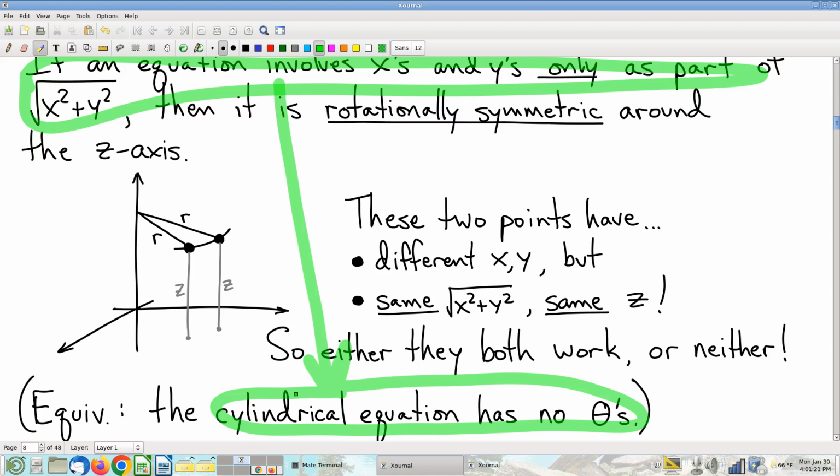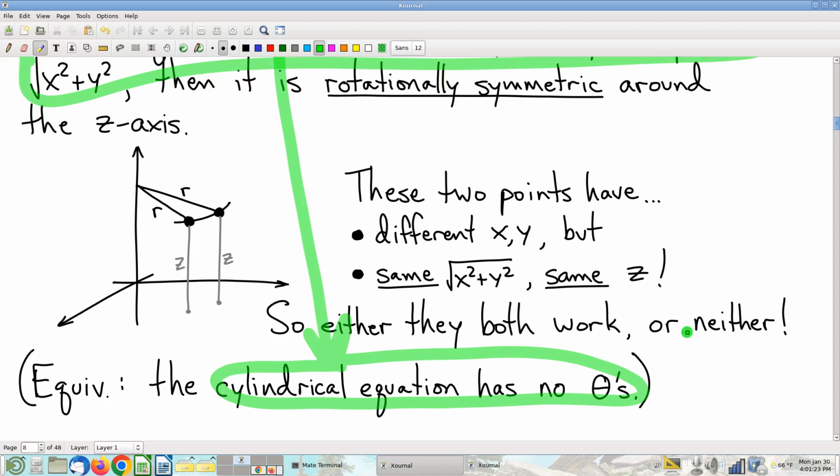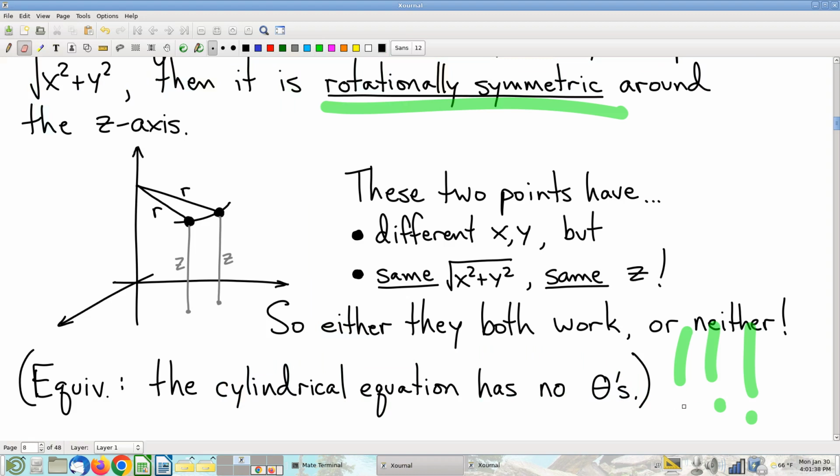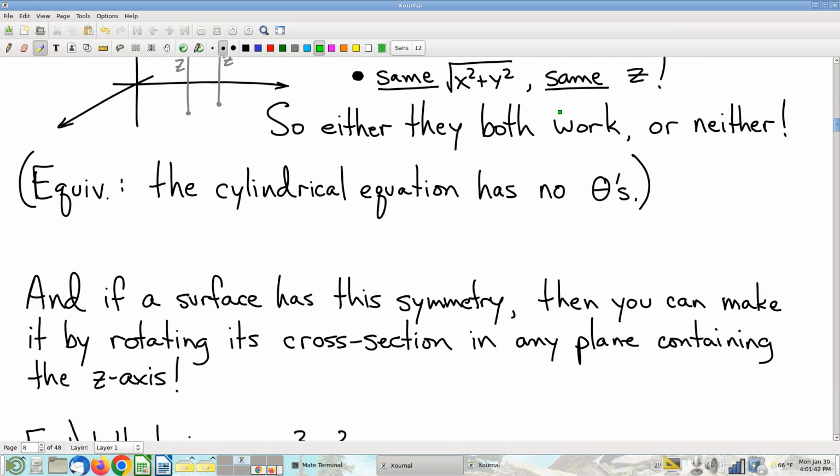And we've already talked about what you get out of this property. If a cylindrical equation doesn't have any thetas in it, that means that all the theta cross sections look exactly the same. And so again, conclusion: rotationally symmetric. Okay, so two good arguments that get you to the same conclusion. Let's see an example of this in action.